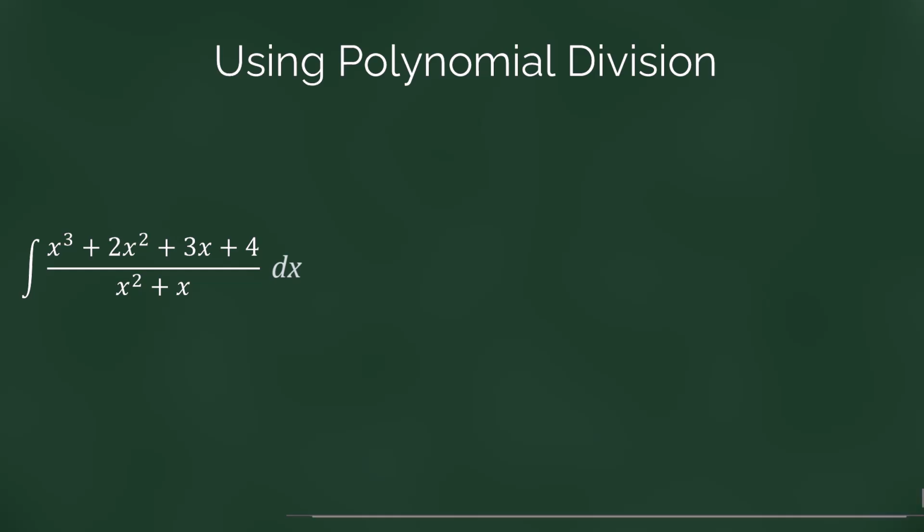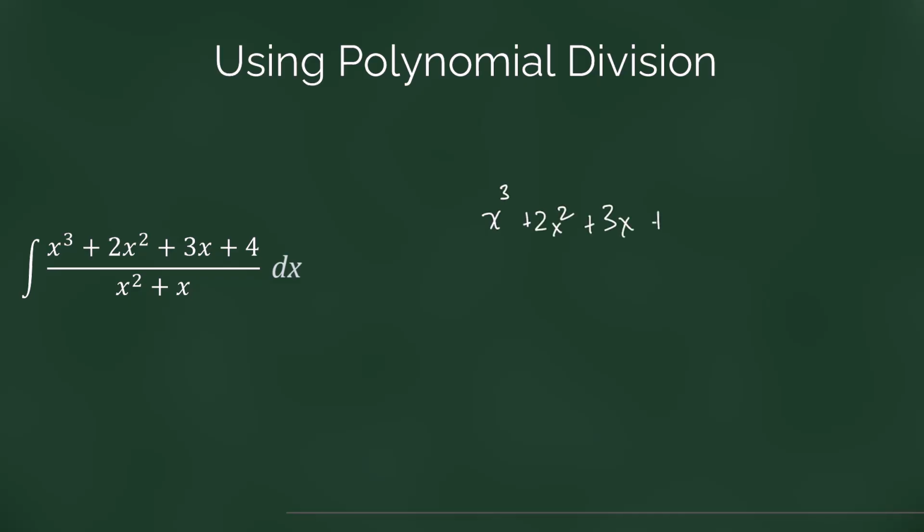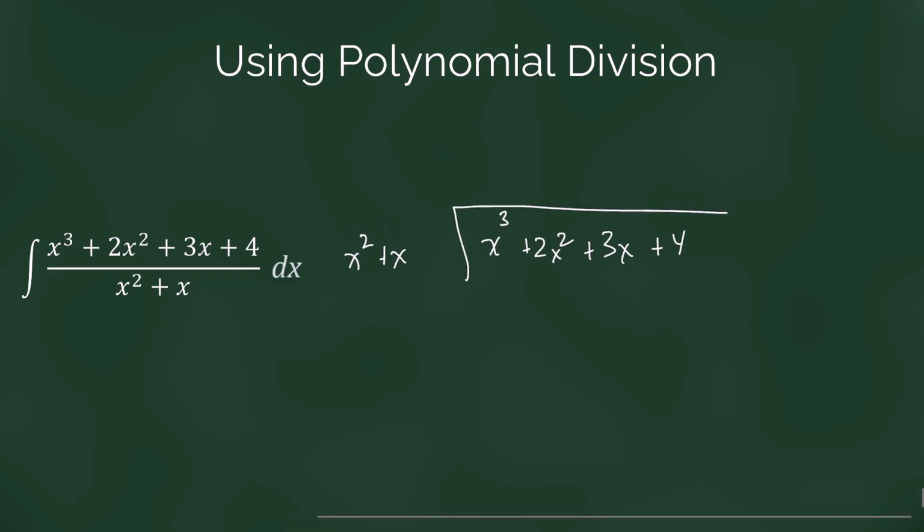So we're going to divide x cubed plus 2x squared plus 3x plus 4 by the polynomial x squared plus x. And when we do that, x cubed divided by x squared is just x. So, and then when we multiply that out, we get x cubed plus x squared.